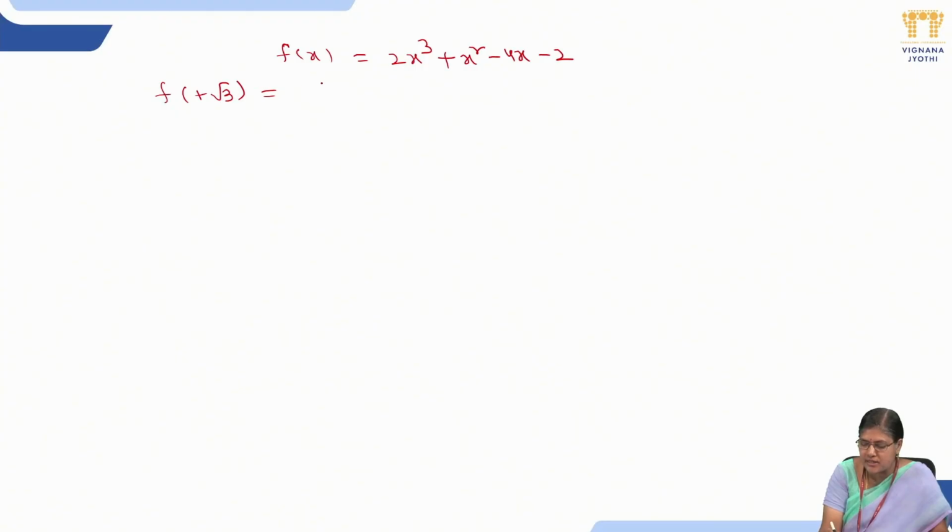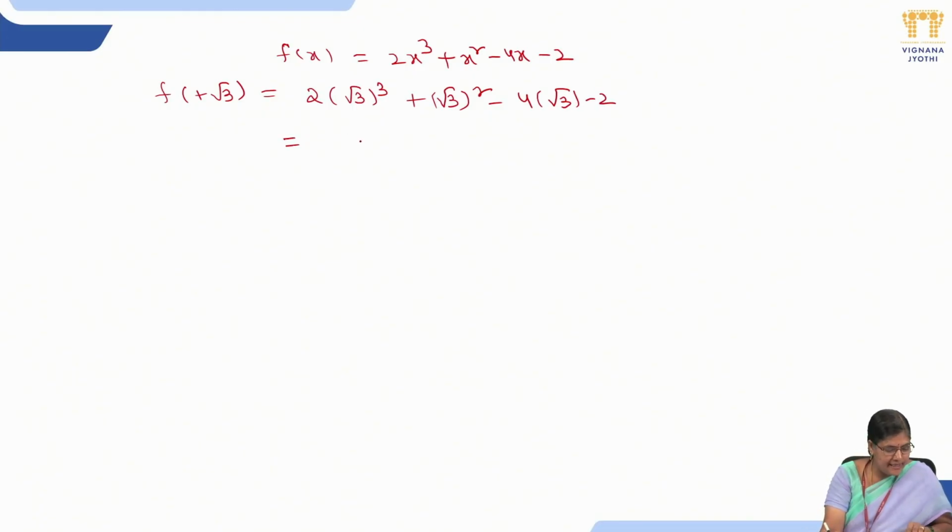By substituting x is equal to plus root 3 in the above function, we have 2 into root 3 whole cube plus root 3 whole square minus 4 into root 3 minus 2. After simplifying, finally you will get f of plus root 3 will be equal to 1 plus 2 root 3. This value will be equal to f of b. Here b is equal to root 3.